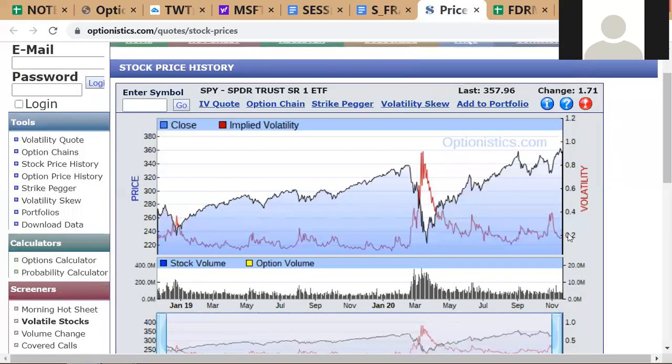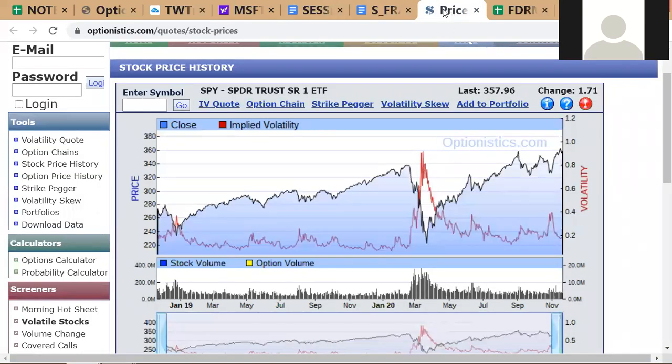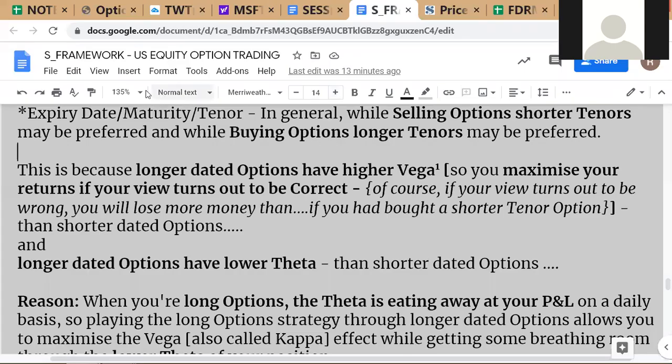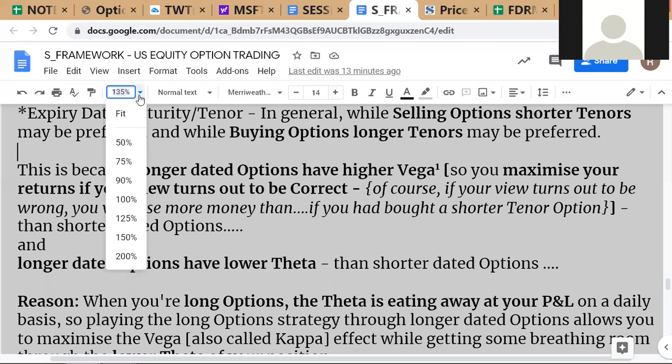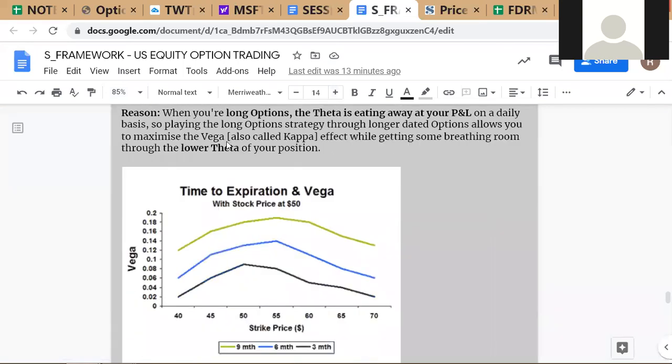One is a negative view on eyeball, and the other is the desire to profit from the positive theta of the short option position. And so the reason we say short option positions, we know that they are seeking to profit from the positive theta.